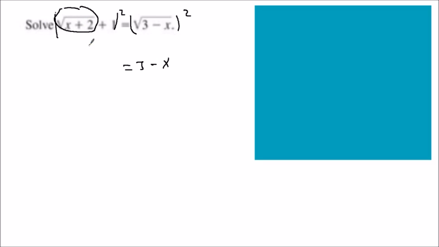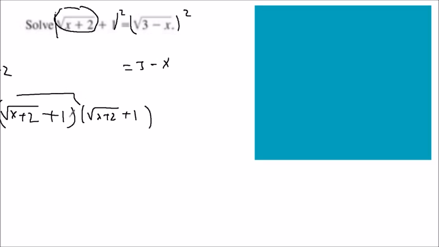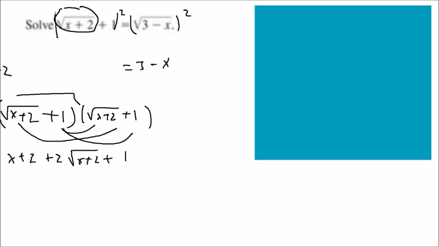It's a little weird, because you have to square this, which is the square root of x plus 2, and then you have to square the 1. I'll show it out like the FOIL method. So the square root of x plus 2, plus 1, times the square root of x plus 2, plus 1. First of all, you square this, that's x plus 2, right? Then you do this, so that's 2 times the square root of x plus 2, and then you do this, which is plus 1.